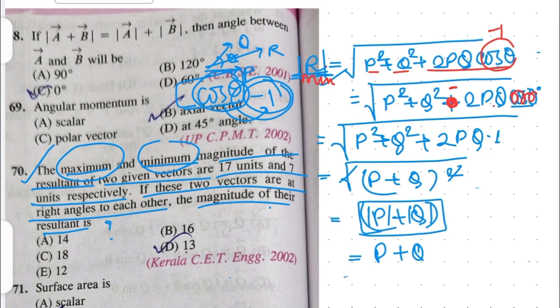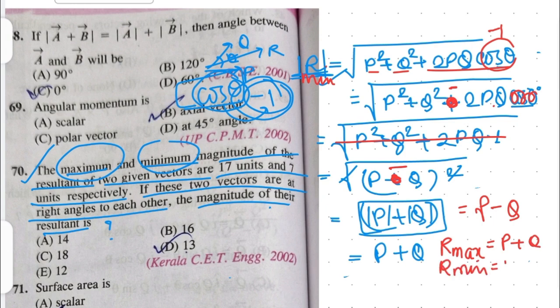What is its formula? P square plus Q square minus 2PQ is simply P minus Q whole square. Then the root will be cancelled and the value will be P minus Q. So thus we find that our maximum value is P plus Q and our minimum value is P minus Q.